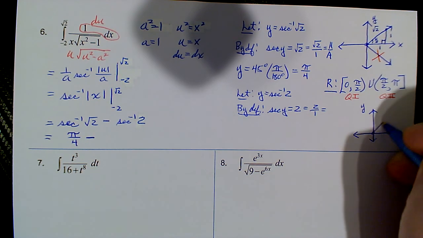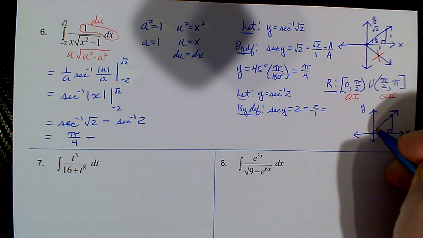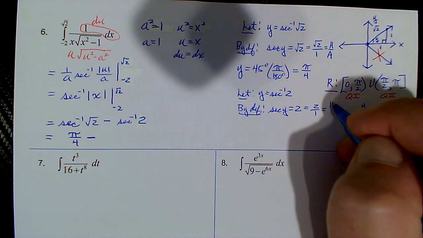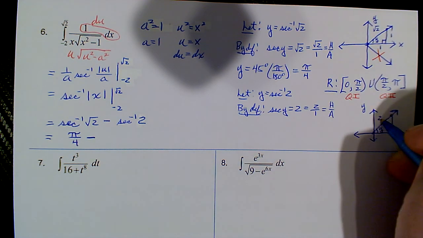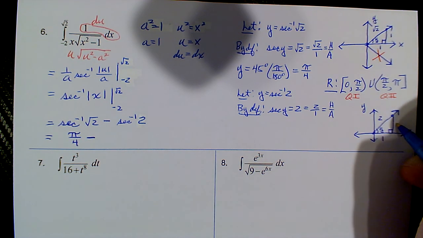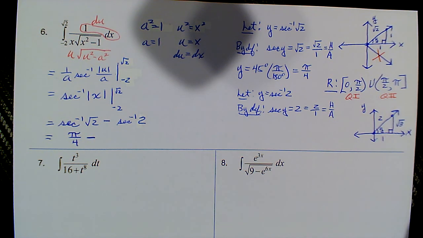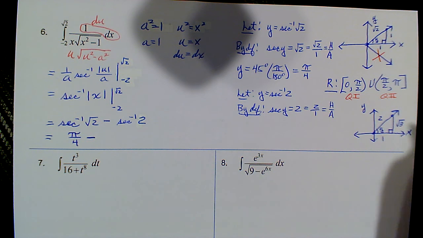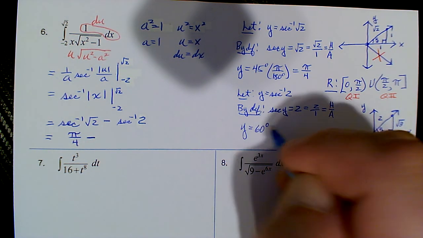So just working in quadrant 1, the right triangle, reference angle, or the actual angle theta. Again, hypotenuse over adjacent: hypotenuse 2, adjacent 1, opposite radical 3. Because 2 and 1 immediately triggers the radical 3, y, being opposite radical 3, is 60 degrees.